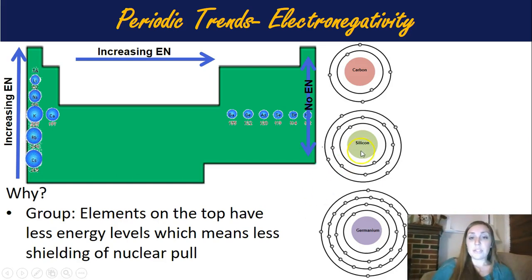So elements on the top have fewer energy levels, so they have less shielding of that nuclear pull, and an atom outside of carbon can feel carbon's nuclear pull a lot more easily than it could outside of germanium.